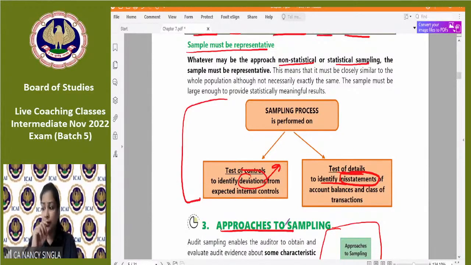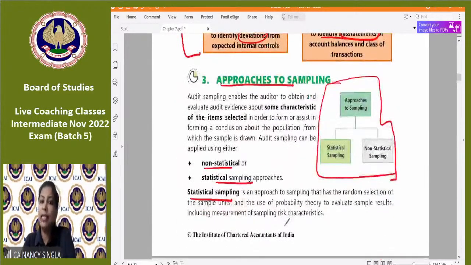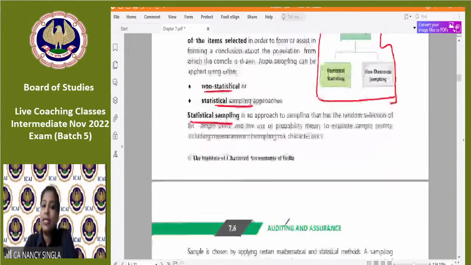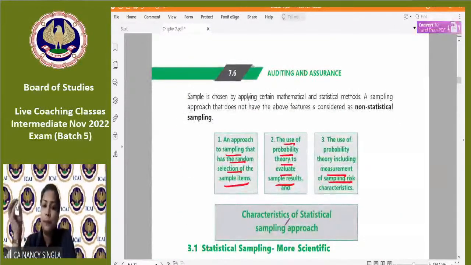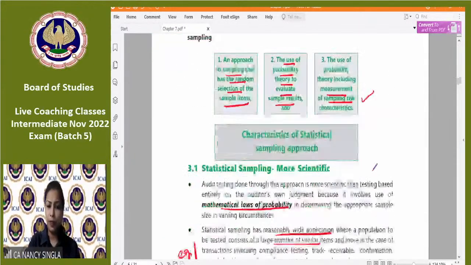Okay? There are 2 approaches, statistical and non-statistical. As the name suggests, statistical has what? Random selection of the sample items, use of probability theory to evaluate the results, and it also takes into consideration the sampling risk characteristics. What is sampling risk? We'll be discussing today. Okay?